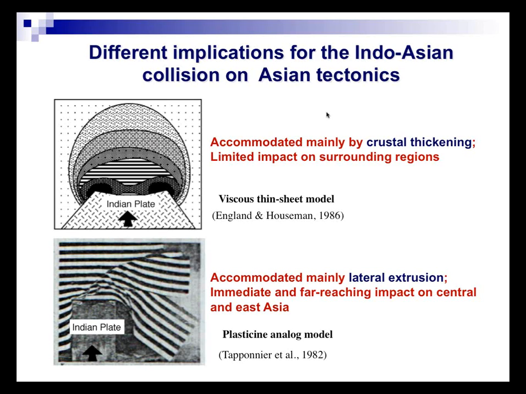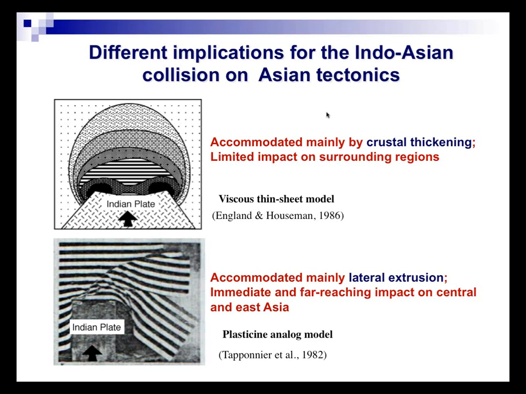And for a long time, there has been a debate about what's the major mechanism that accommodates the Indo-Asian continental collision. One model says it is crustal thickening, another model says it is lateral extrusion. But you can see from these models that this is built into the model. The first model does not have plastic rheology, does not have faults.